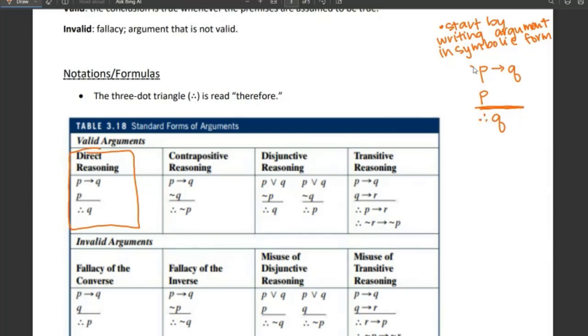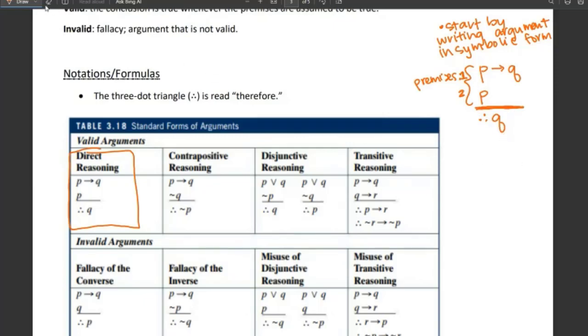So we have 2 premises, premise 1 and premise 2. Premise 1 is if P then Q. Premise 2 is just P. And then we have our conclusion, therefore Q.